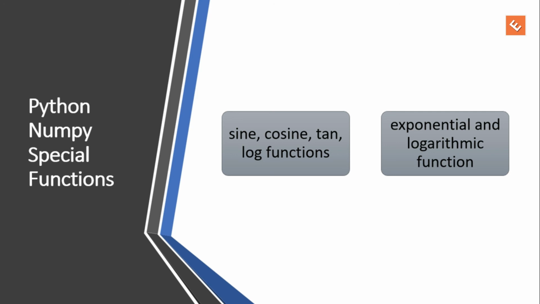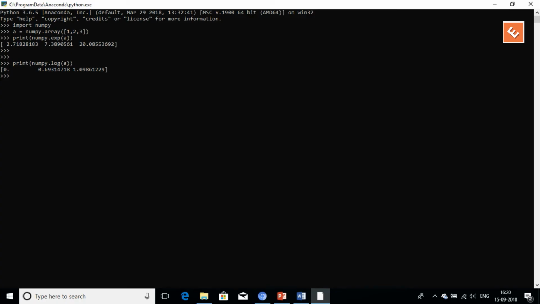Moving forward with Python Numpy tutorial, let's see some other special functionality in NumPy array such as exponential and logarithmic function. Now in exponential, the e-value is somewhere equal to 2.7, and in log, it is actually log base e. The exponential values are printed, i.e., e raised to the power 1 is e, which gives the result as 2.718.